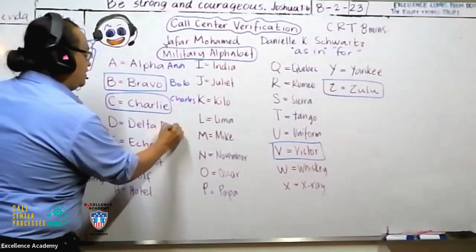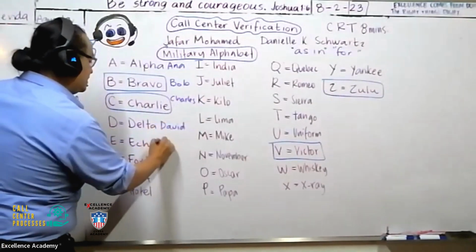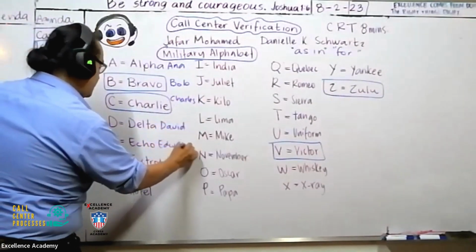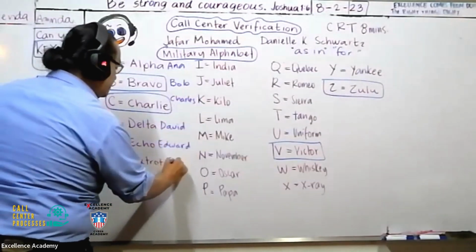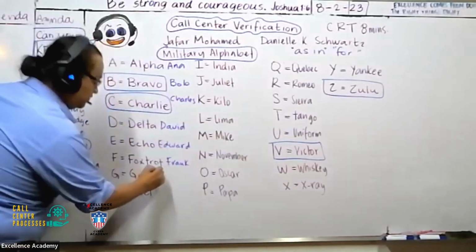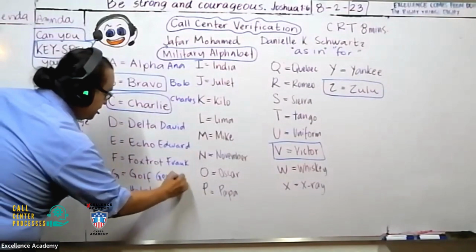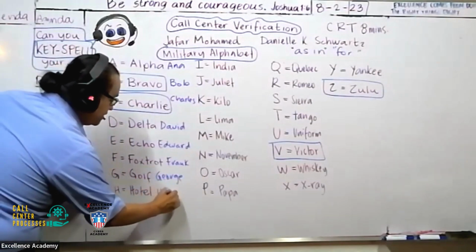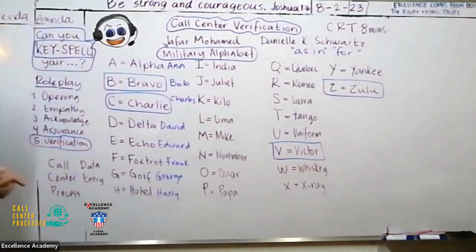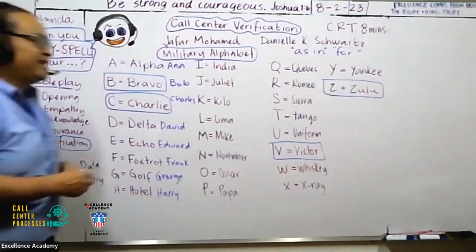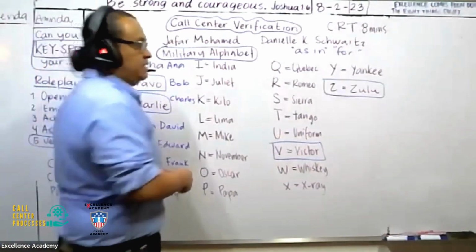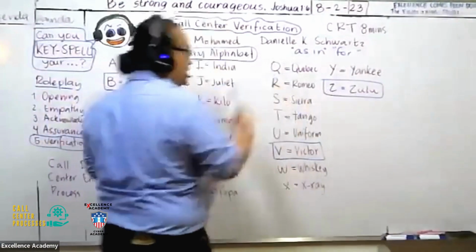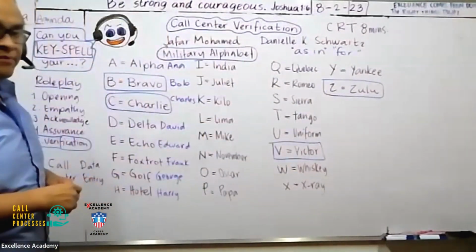D for David, which is a common one. E for Edward, common names, right? F for Frank, right? Common names. G for George, right? H for Harry, right? So some common names are used for this, but sometimes it's not too easy. Like for instance, the letter Z or the letter Q, those are not too common, right?